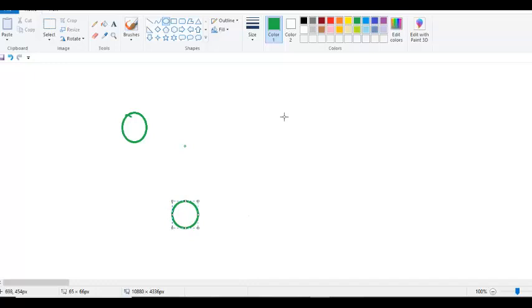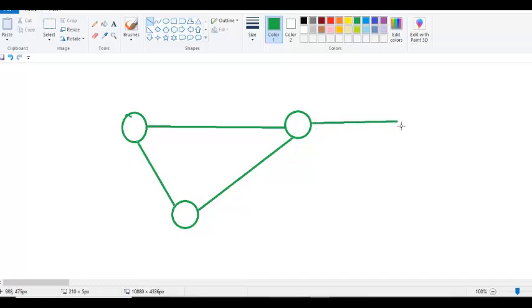I've just taken 3 routers. They are connected with some wires. Now, each router will advertise its link status.